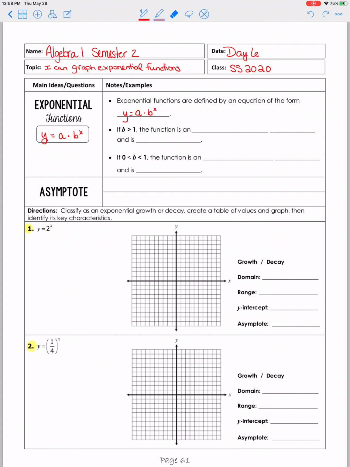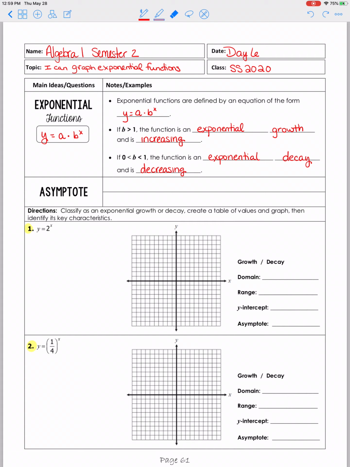If b is greater than 1, the function is an exponential growth, meaning it's getting bigger as x gets bigger, and it is an increasing function. If the value of b is between 0 and 1, we have an exponential decay function, and that function is decreasing, or getting smaller, as x gets bigger.